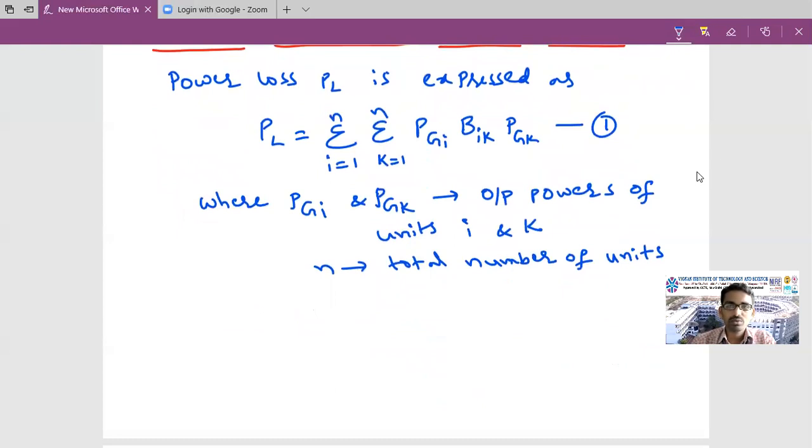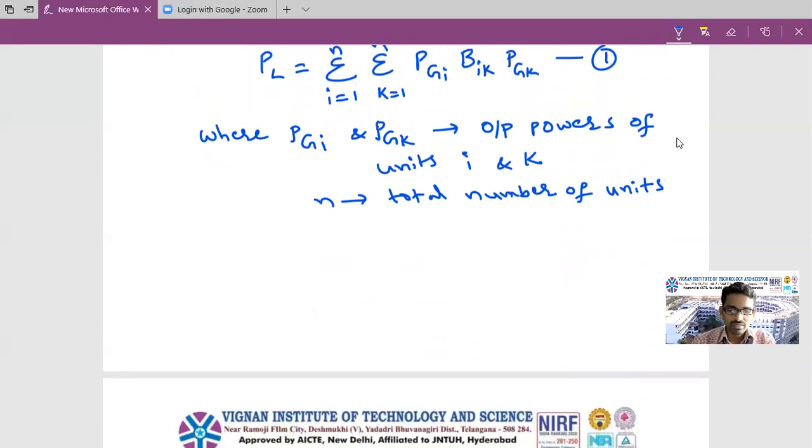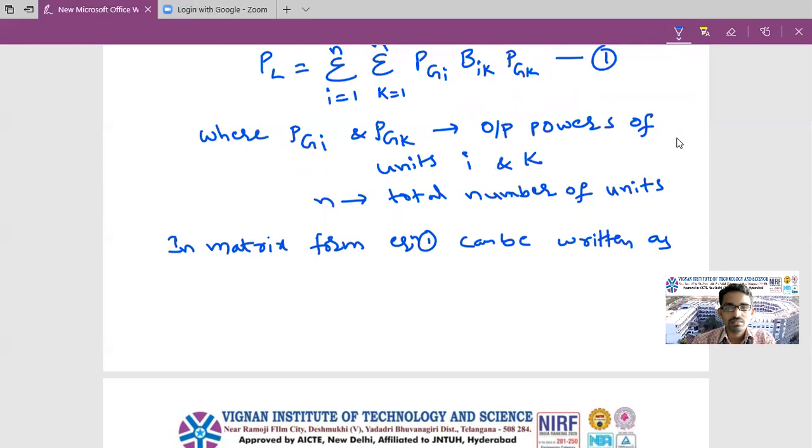If I write that equation 1, the power loss equation, in the matrix form, it can be written as PL is equal to PG transpose into B into PG.